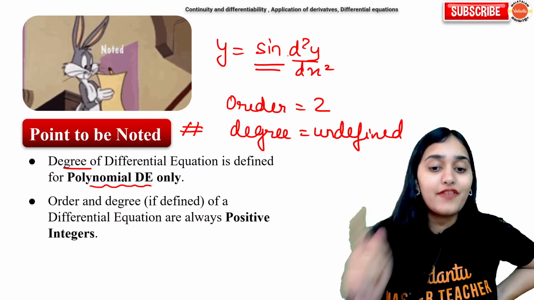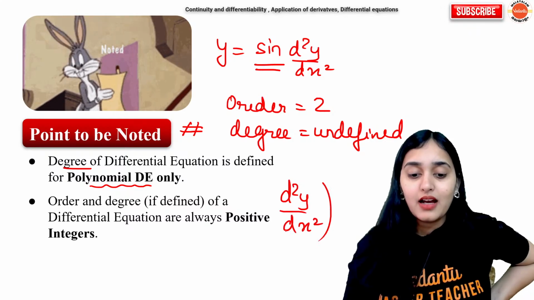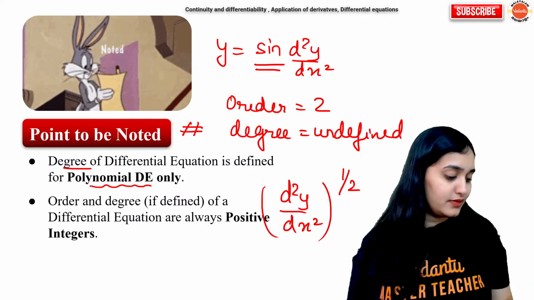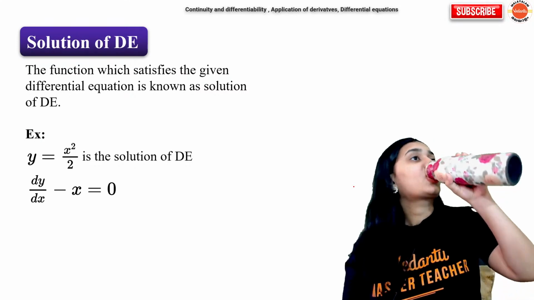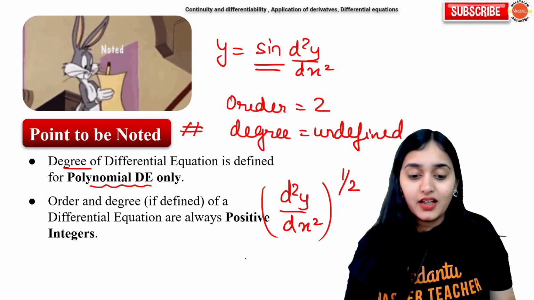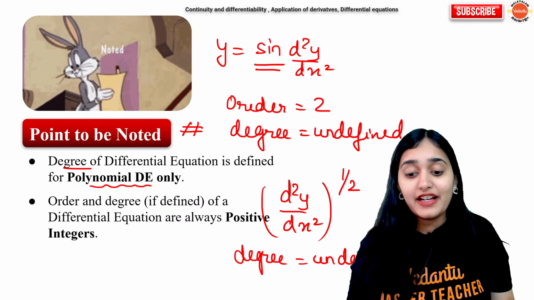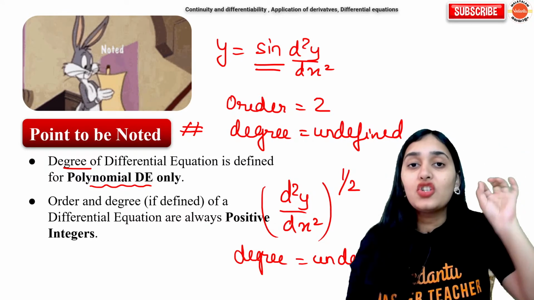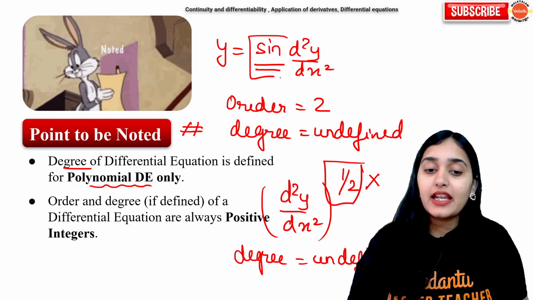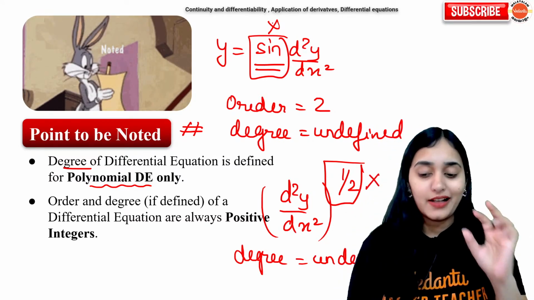Similarly, if d square y by dx square is written with power 1 by 2, what is the degree? Tell me quickly. Undefined. Why undefined? Because the power should be a whole number. It cannot be a fraction. It cannot be trigonometry. The power should be a whole number. It should be a polynomial function.